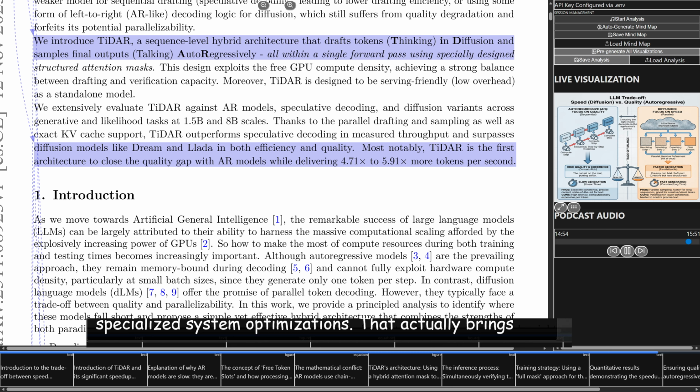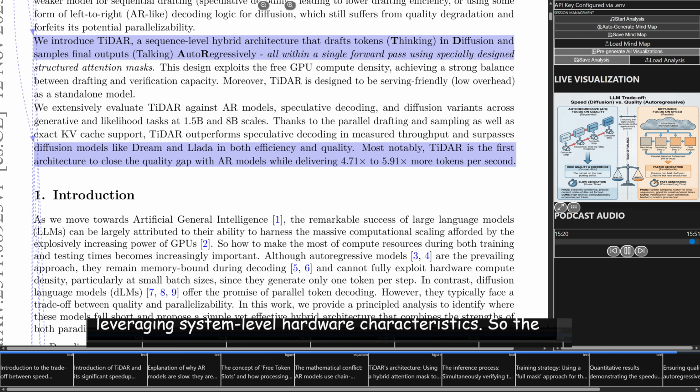That actually brings us full circle, back to the very beginning, and it gives us a final provocative thought for you to consider. The success of TiDAR came from leveraging a very specific memory-bound characteristic of GPU hardware, those free token slots. Right. It shows that LLM acceleration isn't just about faster math or abstract algorithms. It's about deeply understanding and leveraging system-level hardware characteristics.